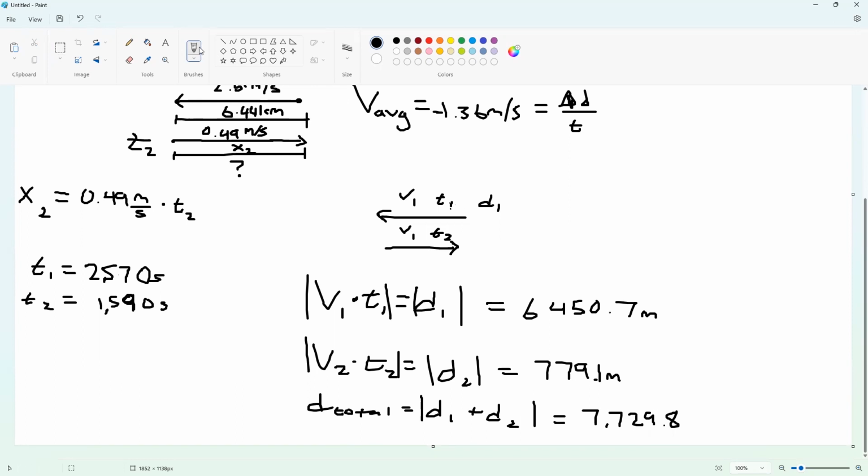Would it just be 3 again? That is correct. So it's going to be 3, which makes this 7,730 meters. Hopefully that answer is correct.